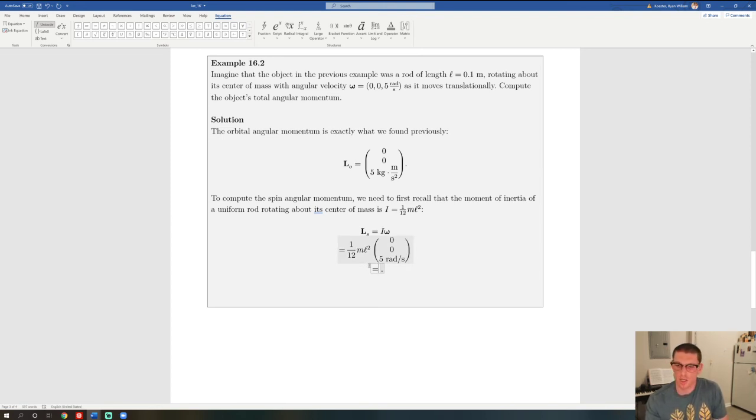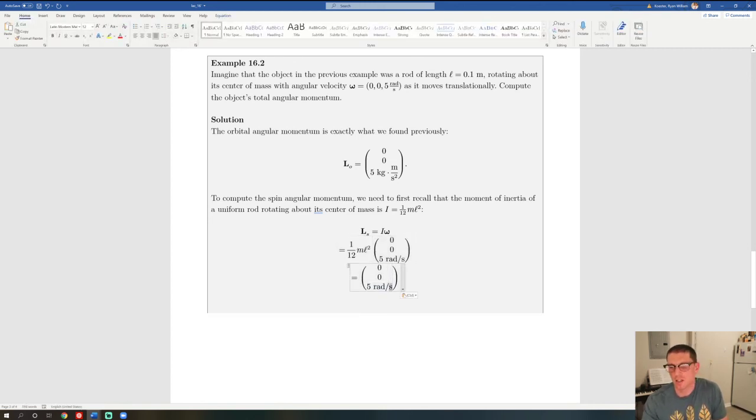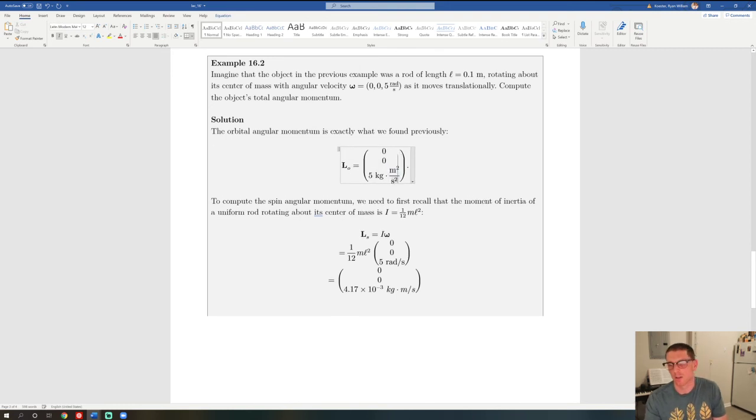I'm finding it to be about 4.17 times 10 to the negative third kilogram meters per second. Did I mess this up? I'm sorry, I think I messed the units up here. This should be 5 kilogram meters squared per second, as should this.